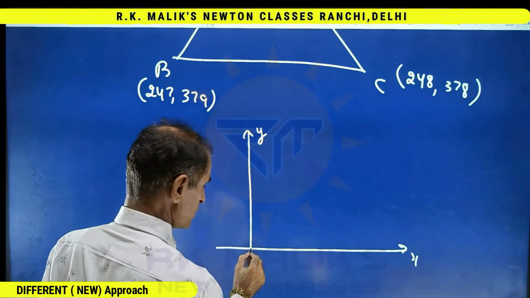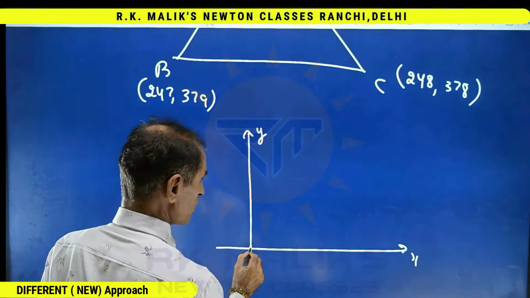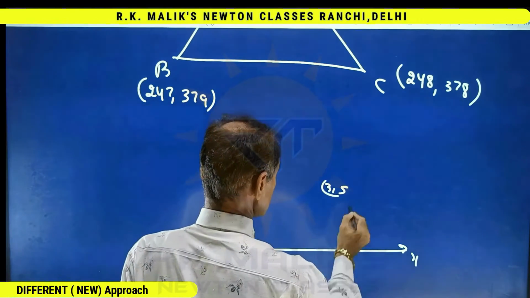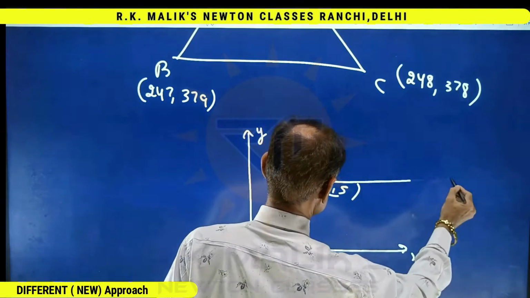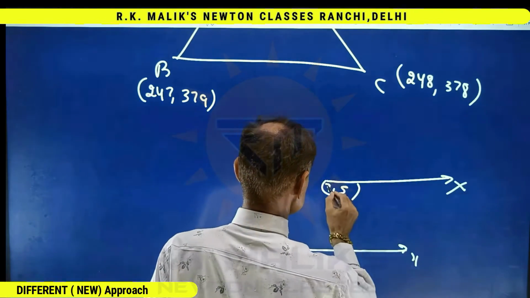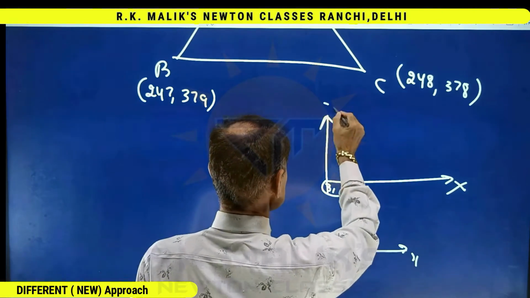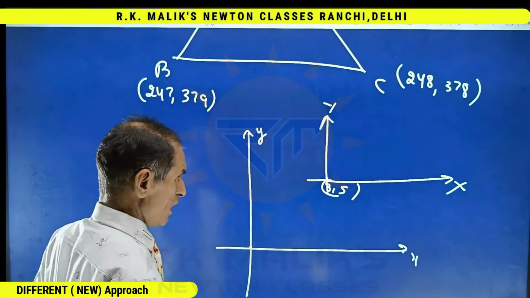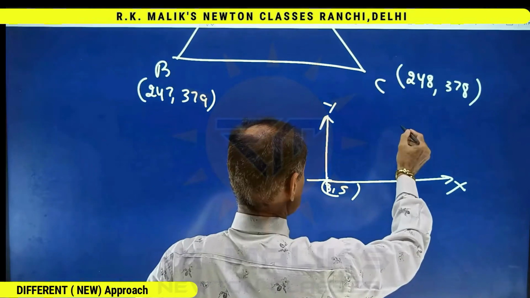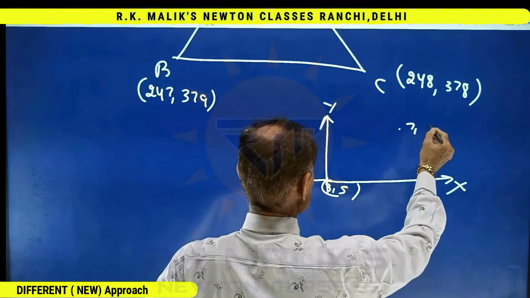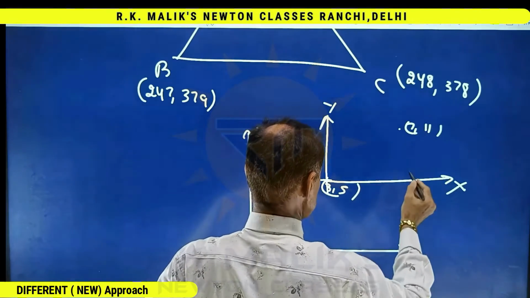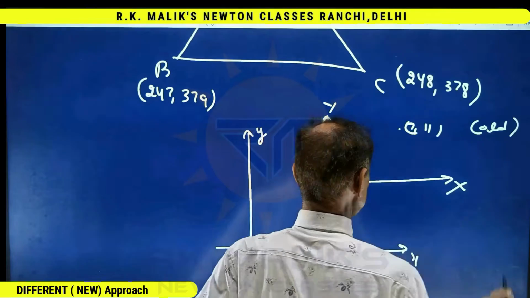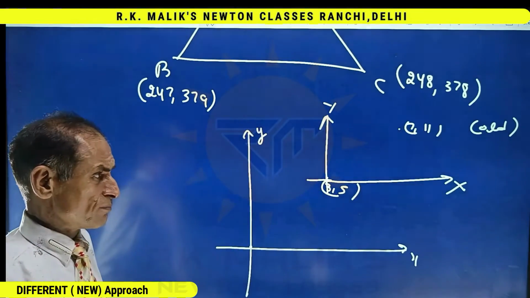You must have studied that if I shift the origin to the point, say, (3, 5), and I get this new x axis and this new y axis, and suppose this is the point (7, 11) according to the old x axis, y axis.